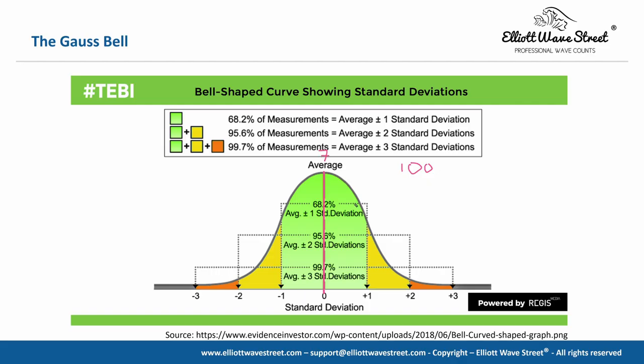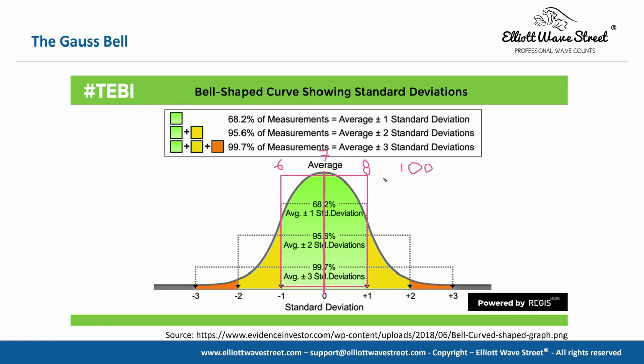And with one standard deviation, that is 68% of the data, those grades are going to be between, let's say, 6 and 8. So the average is 7, but roughly 70% of the students have grades between 6 and 8.